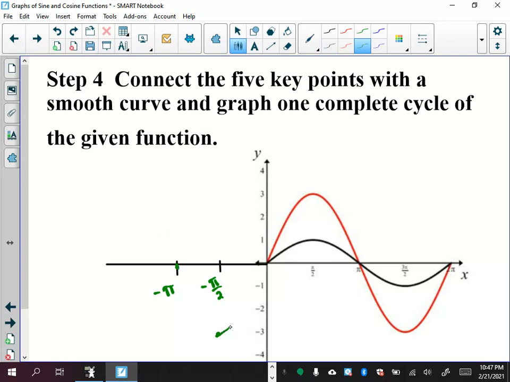And so when I draw this to connect it to the actual first cycle, I get something that looks like this. So if you're looking at your calculator, your graph should look something like this right here. It's going to start down here, come down, go up to the origin, come up, cross back down, and then come up. So you have this W looking thing on your calculator. Okay. So that is what your negative pi to 2 pi should look like.